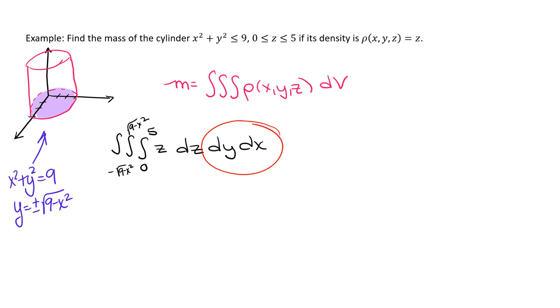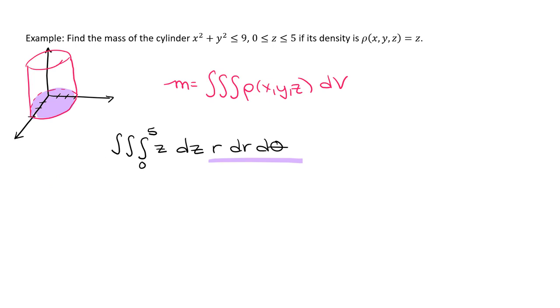That's the equation x squared plus y squared equals 9. And so our y values would go from negative square root of 9 minus x squared to positive square root of 9 minus x squared. The y values would be going from the bottom of the circle to the top of the circle. These expressions are kind of ugly, and that's why working in cylindrical coordinates is going to be a bit easier.